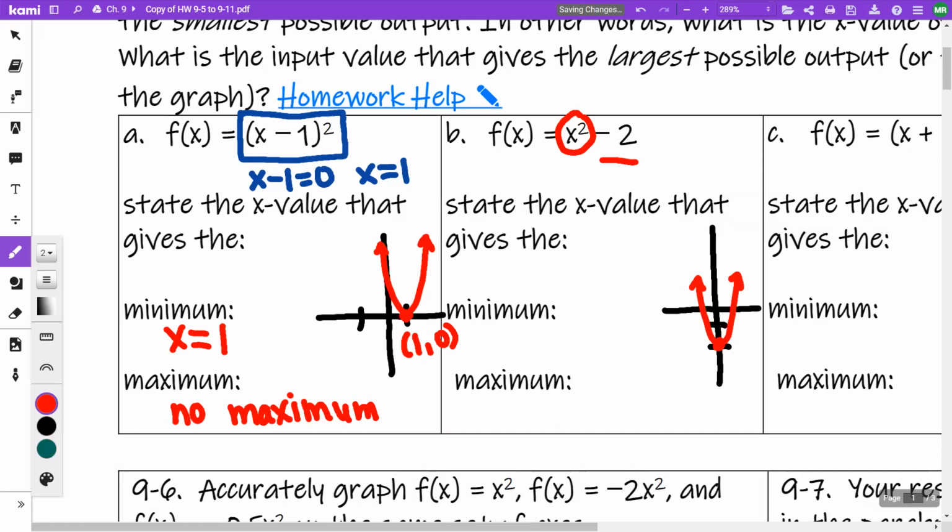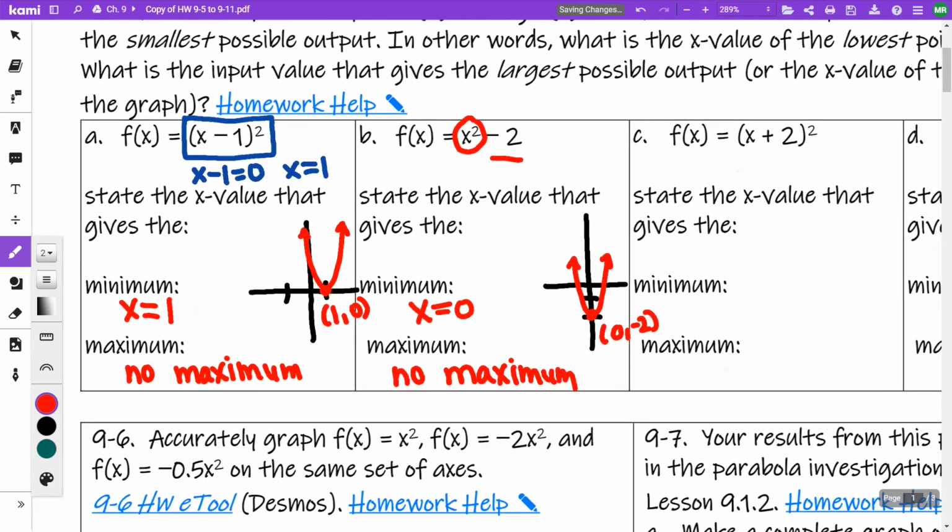So its vertex is going to be at 0, -2. Now the lowest it goes is -2 in this case, but again, they want the x. The x is going to be 0 because that's the x-coordinate of my vertex. And again, since this opens up and goes on forever, no maximum.